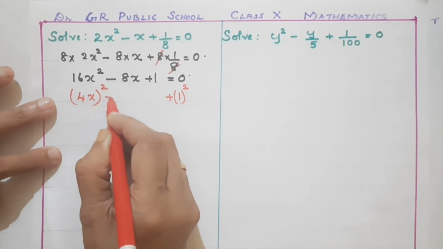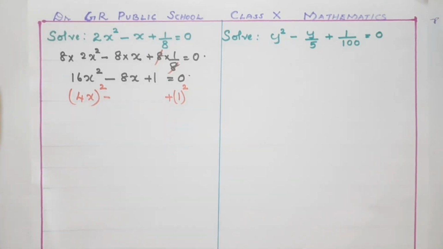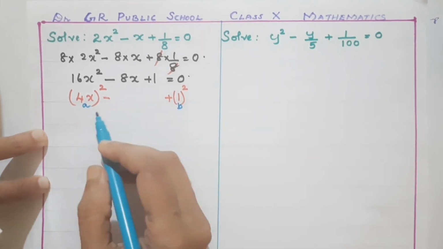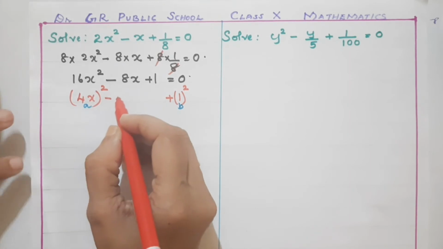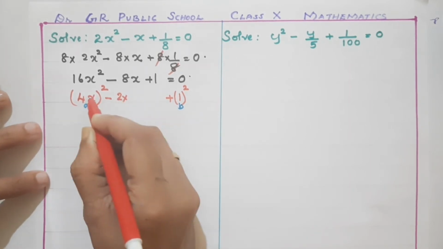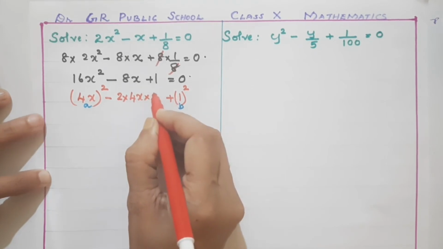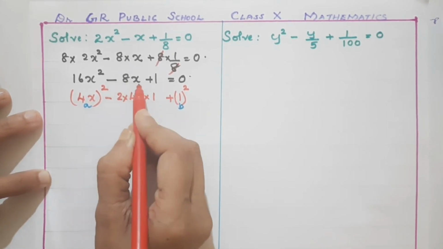Here we have minus. This is a. What is a? 4x is a and this is b. So for the middle term, verify whether it is the 2ab term. 2 into a, which is 4x, into b, which is 1. 2 into 4x into 1 is 8x.